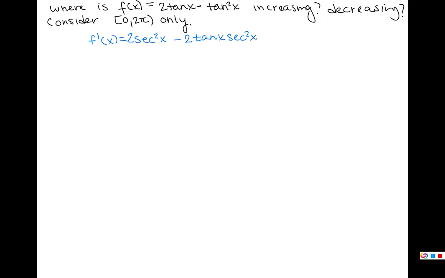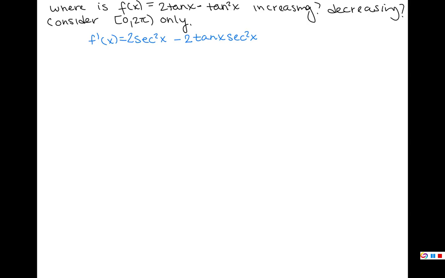The derivative of tangent x is secant squared x. So that's how I got the 2 secant squared x. And then for the second term, I had to use the chain rule on that. So I brought the 2 down, 2 tan x, and then the derivative of tan x is secant squared.